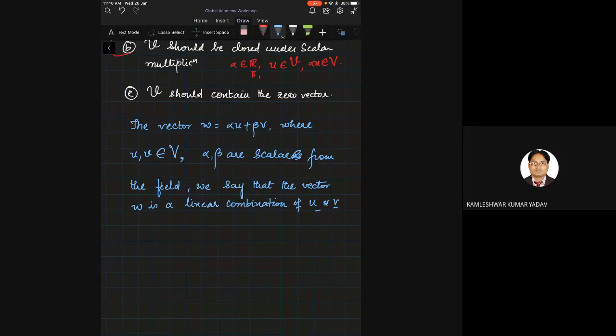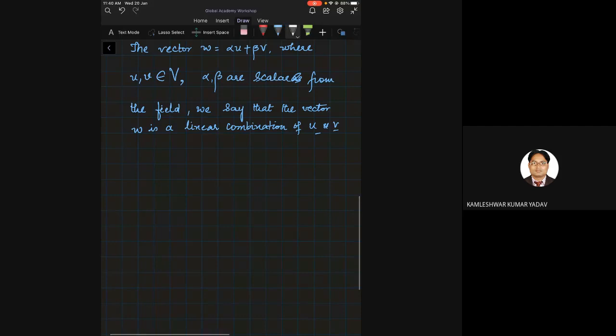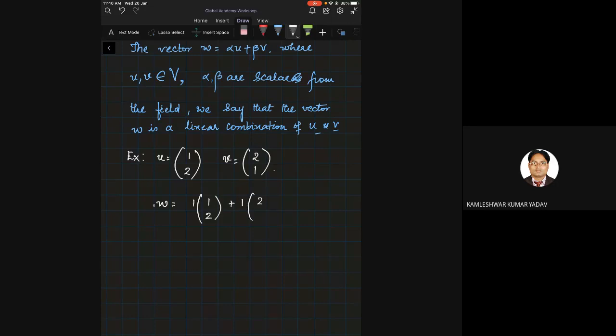Now we are going to look at one more definition. Let's take these two vectors as an example: u is equal to (1, 2) and v is equal to (2, 1). w is equal to 1 times (1, 2) plus 1 times (2, 1), which is equal to (3, 3).